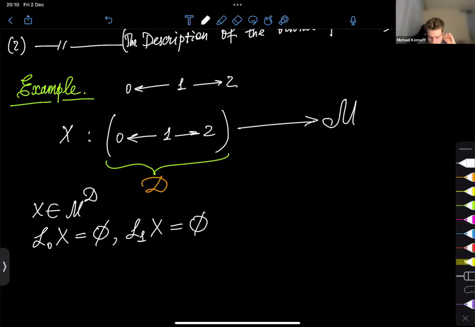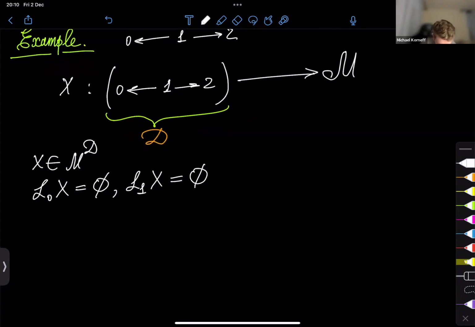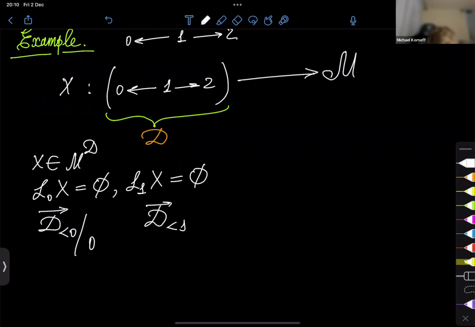And also the same for the first latching object. This is true because we know that this category is empty, because there are no objects of degree less than 0, and in the second case we have no arrows to the object 1.